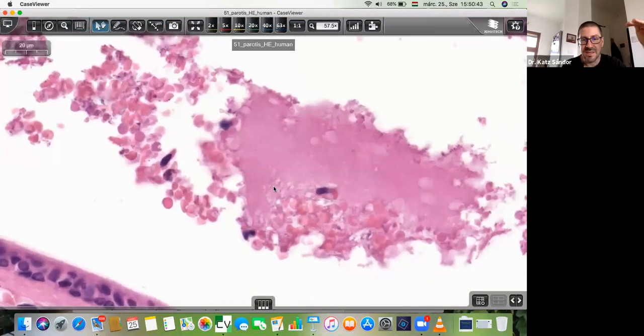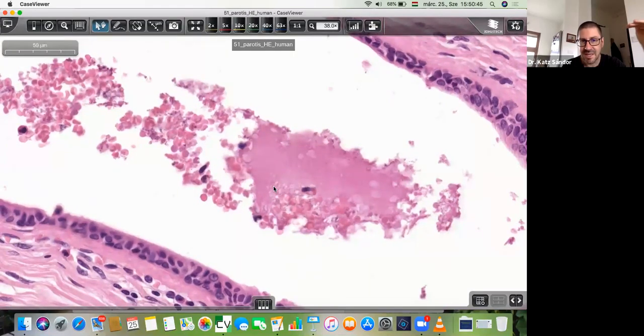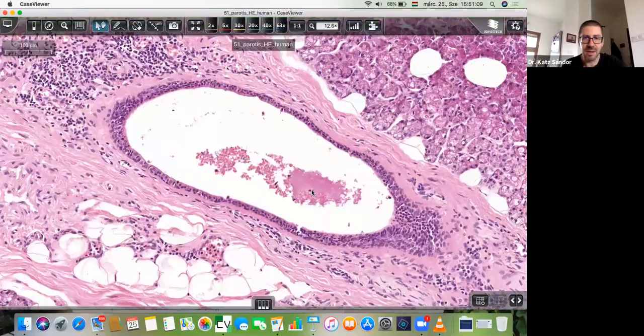But this is a duct. It's not a vessel. It's because when the pathologist cut the specimen, making small cubes, and put it into the formaldehyde, that's the reason why we can find some blood and red blood cells more or less everywhere on the surface and in the lumens. So always check the lining epithelium.